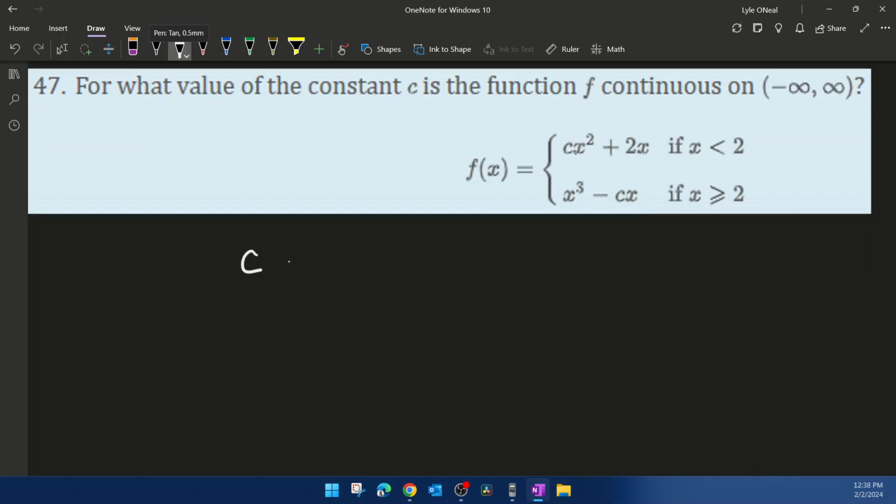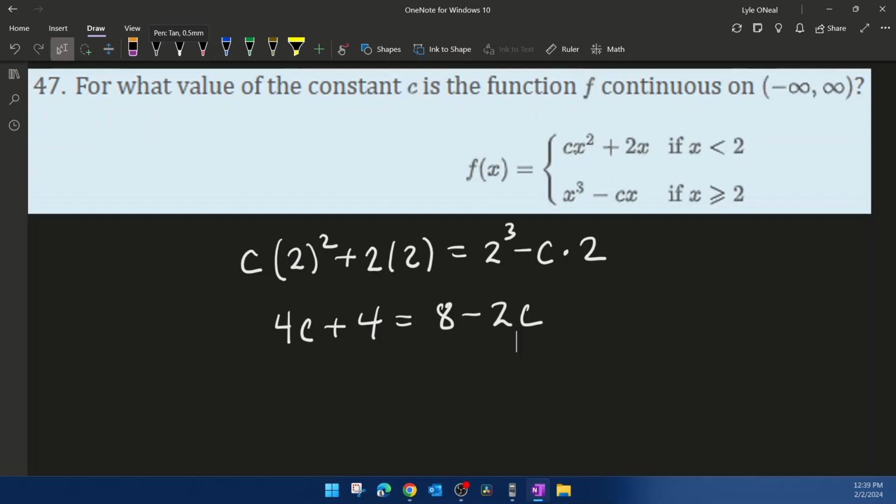So we will have C times 2x squared plus 2 times 2. That is the top piece evaluated at 2. And the bottom piece evaluated at 2: 2 cubed minus C times 2. And then if we solve for C, we'll know for what value C must be to make sure that this function is continuous at x equal 2.